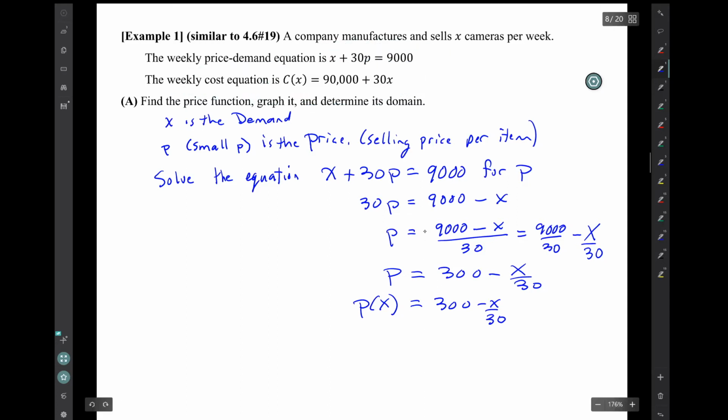I think I just misspoke. We'll use the cost equation, the cost function, to build the profit function. We've already built the revenue function.